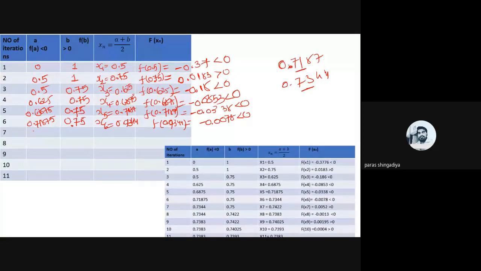It is negative again, so we replace 0.7344 here, and here 0.7422. Find x7, that will be 0.7422, and the answer of f(x7) will be positive 0.0052. Just check it: 0.7422 will give a positive answer.